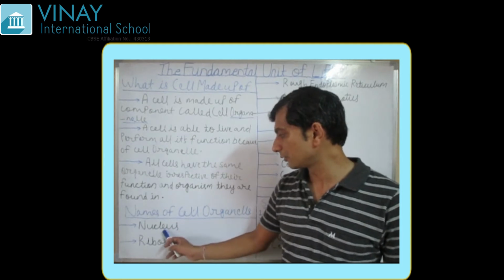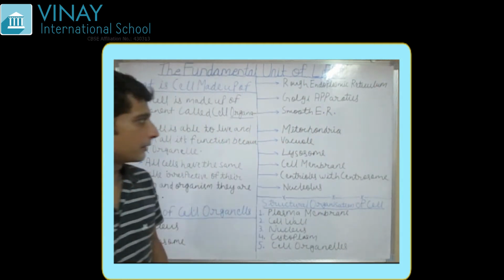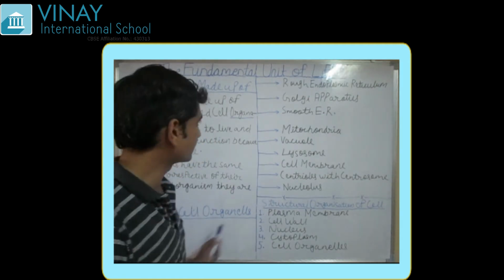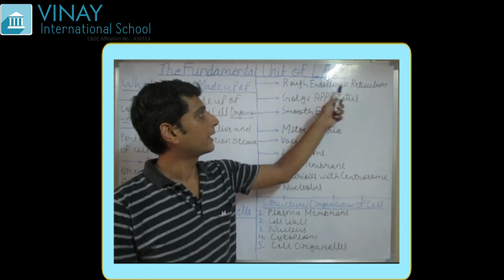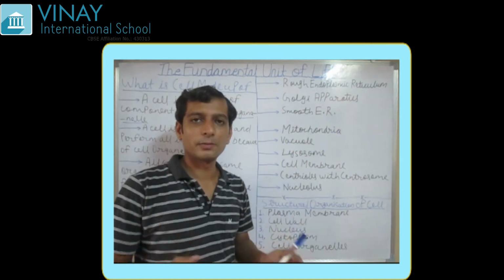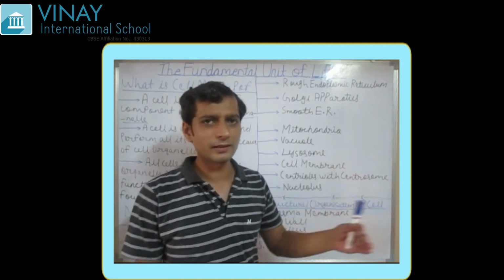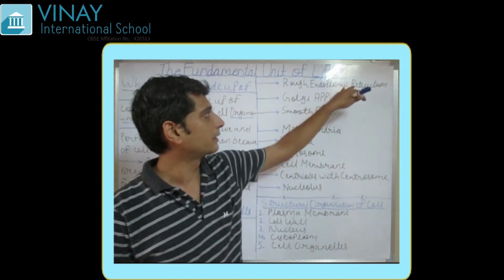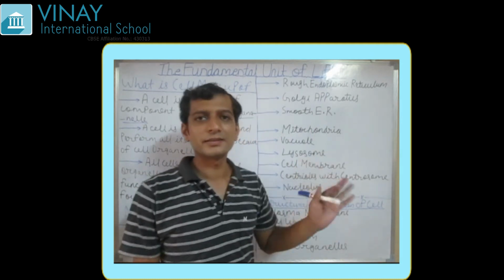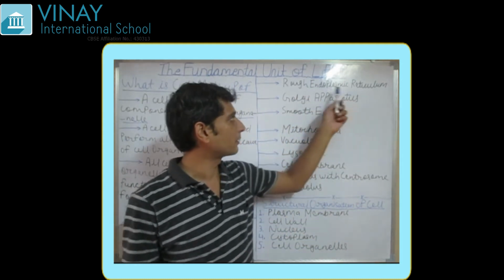Remember the names: nucleus, ribosome, rough endoplasmic reticulum. I know the names are very complicated, but when we see their functions, then you can remember the names. Just read these names two to three times, and you can very easily remember them.